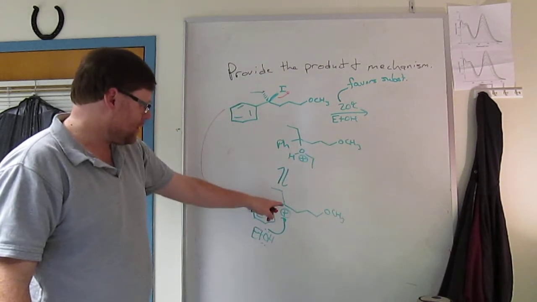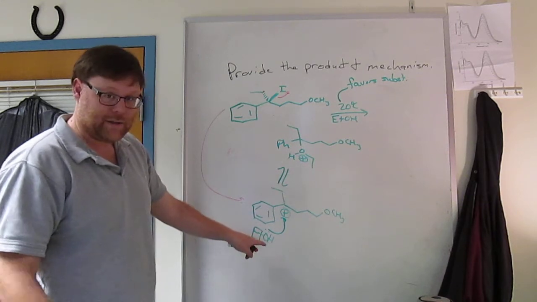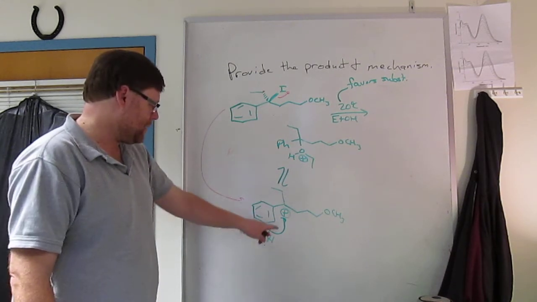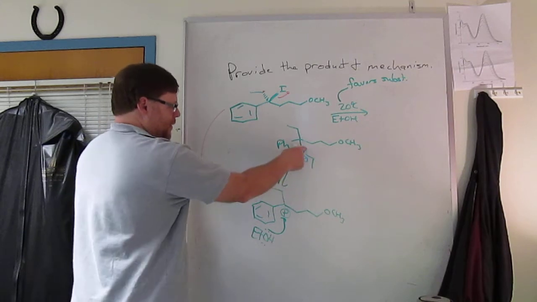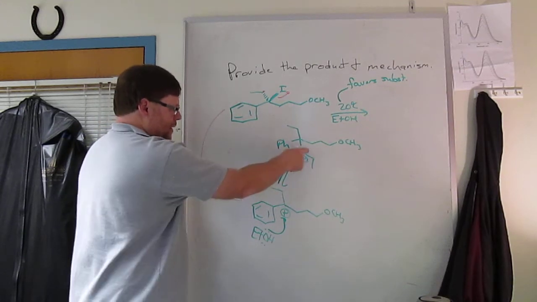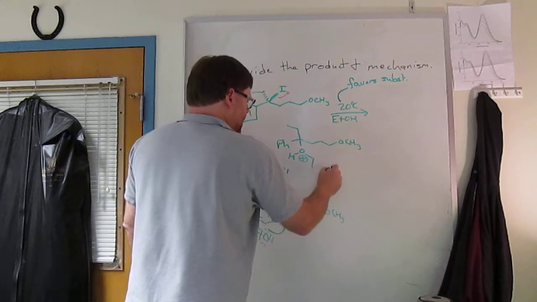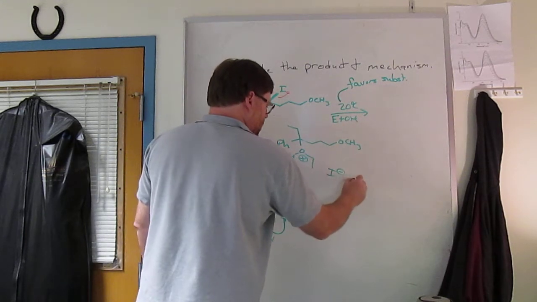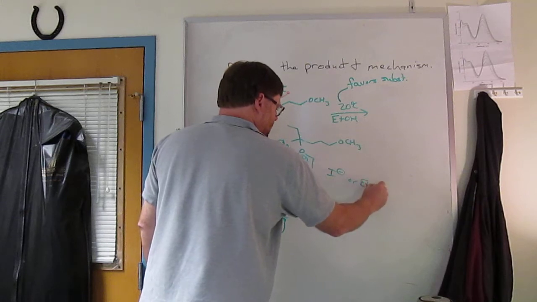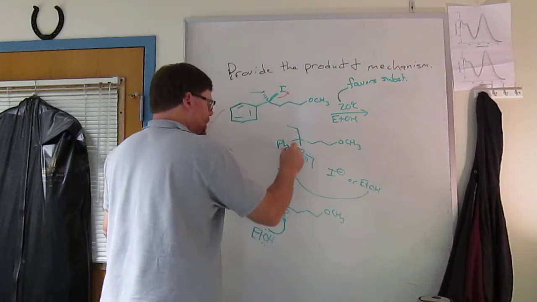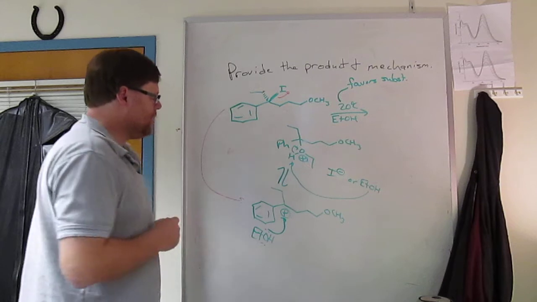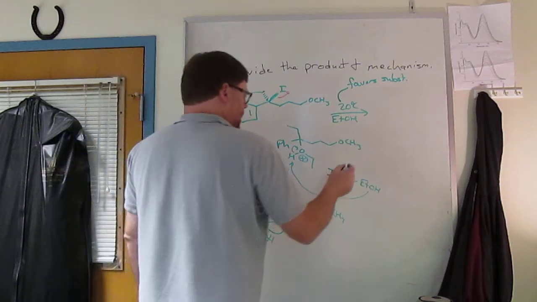So ethanol attacks the carbocation, the weakly nucleophilic neutral oxygen attacks the carbocation. It's going to give you a positive oxygen here, bonded to the tertiary carbon. And then either iodide or another molecule of ethanol can come take that proton, neutralize the charge on that oxygen, and the product will be that.